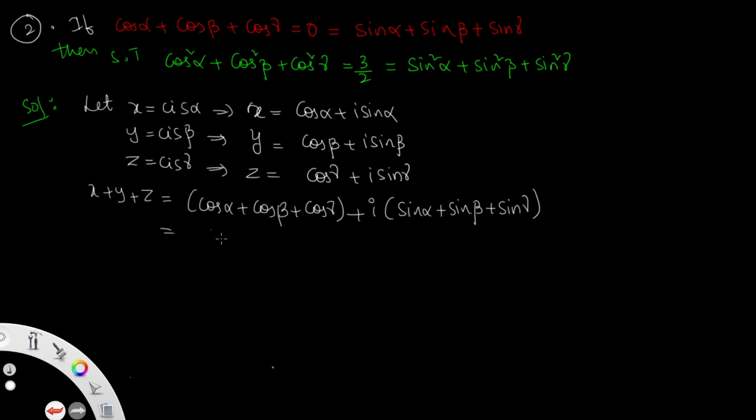That is nothing but, it is given, 0 plus i times 0, that becomes 0. Therefore, we can write that x plus y plus z equal to 0. Let us call this the first equation.